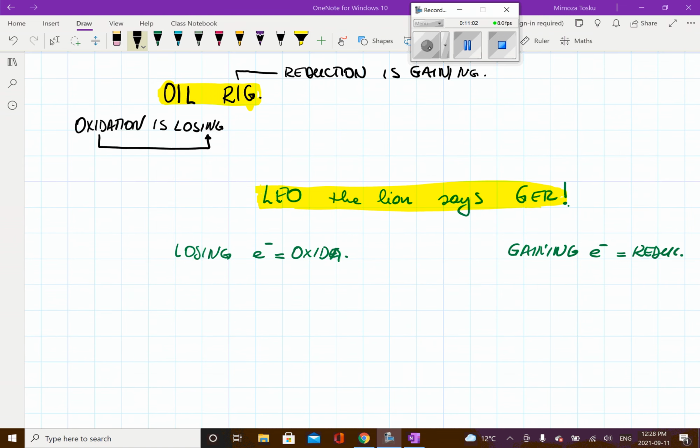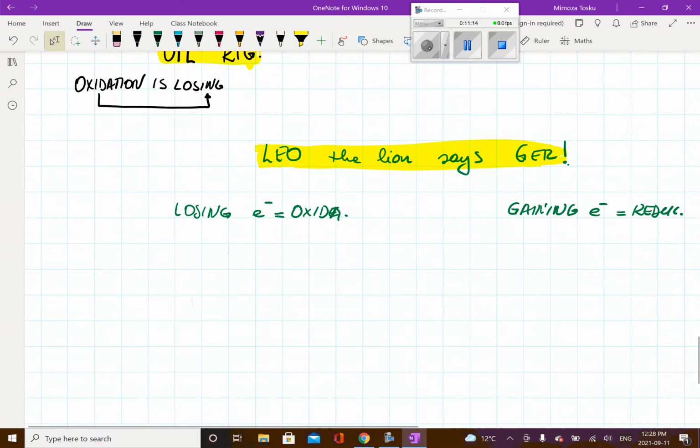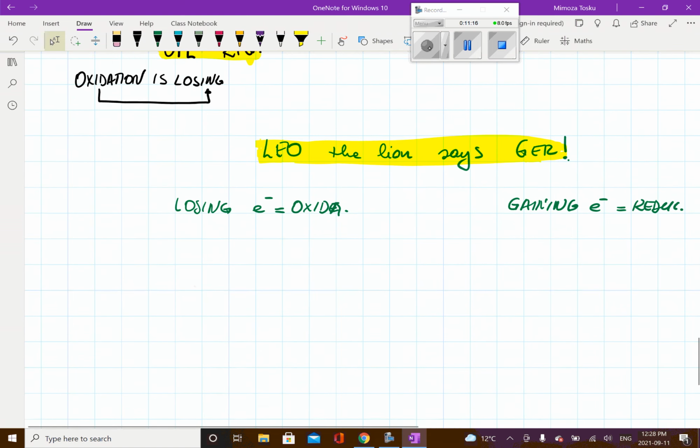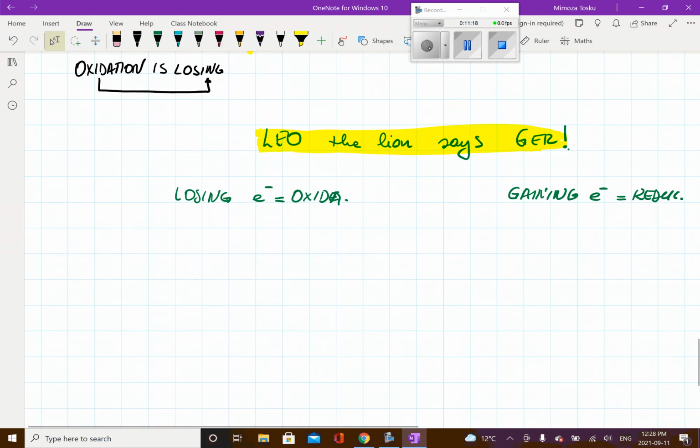As I said, you can use one or both of them to remember that when you are losing electrons, the process happening with the compound or the element is oxidation, and when you are gaining electrons, it is a reduction. Any of those or two of those, use it, it's fine.